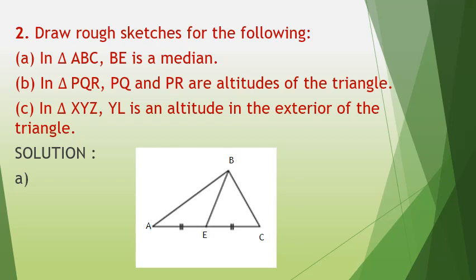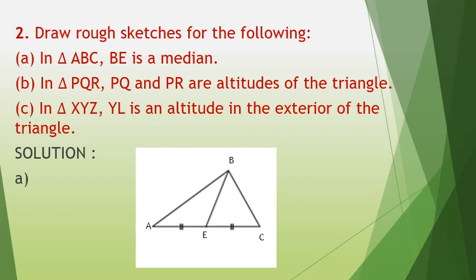The line segment should join the midpoint of the opposite side. So from the vertex B, the opposite side is AC. So you have to take the midpoint of AC and mark it as E. Then join BE. This is the required figure.